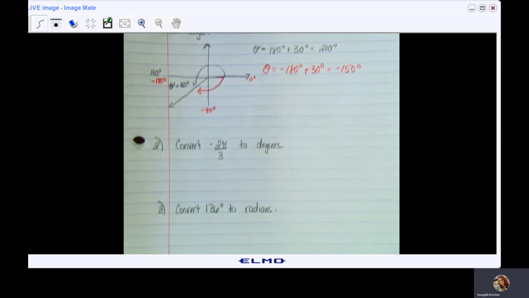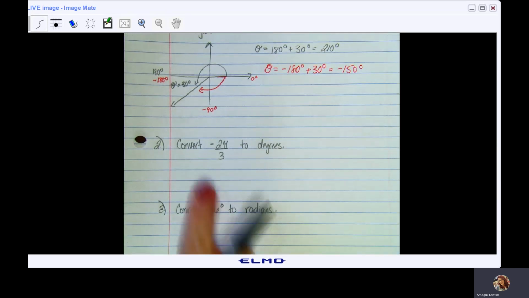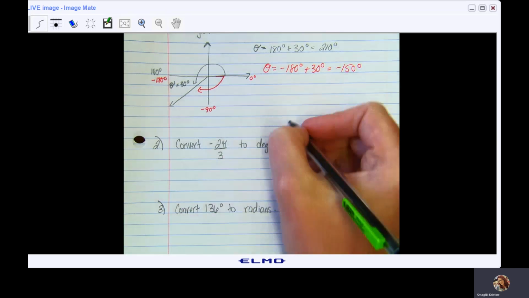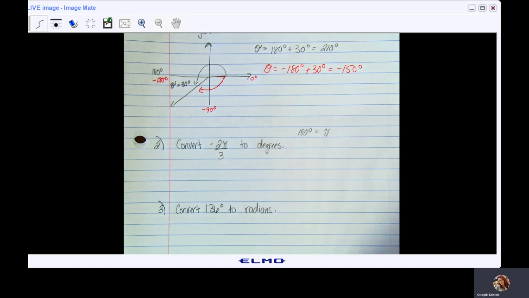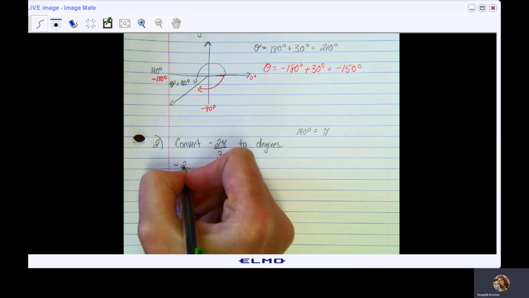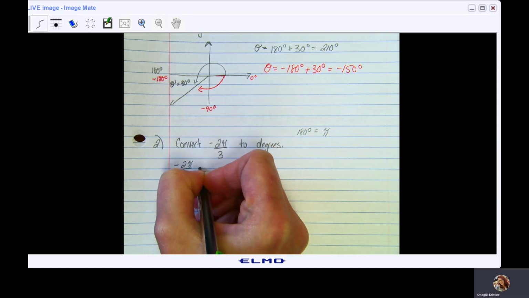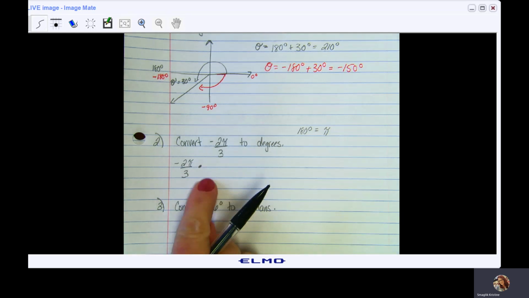And number 2, let's convert negative 2 pi over 3 to degrees. So remember when you're doing these conversions, radians to degrees, degrees to radians, that there's 180 degrees in pi. So if I'm at negative 2 pi over 3, I'm going to multiply that by, and the way I always remember it, I want whatever I'm trying to get rid of in the denominator.